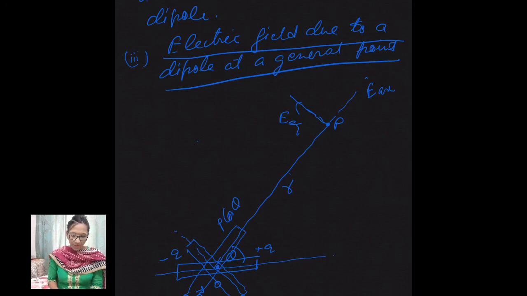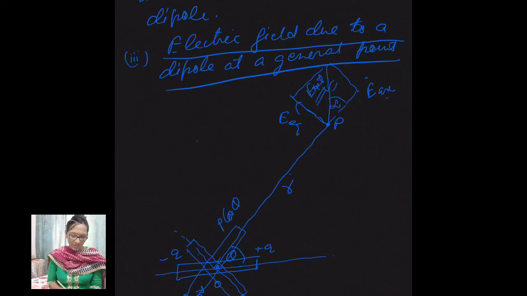Okay. Now we obtain electric field due to dipole at a general point. In the two cases we have found electric field due to a dipole in two particular directions, one in x direction, in axial direction, and other we obtain electric field in an equatorial bisector line.